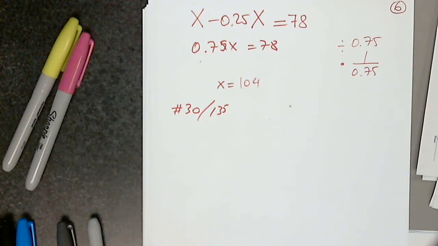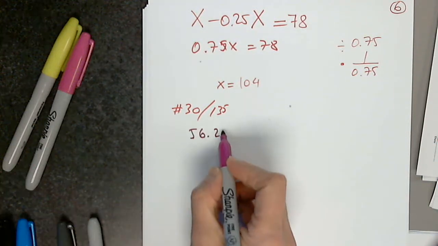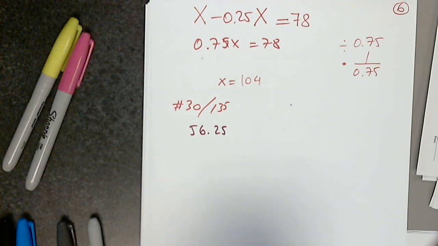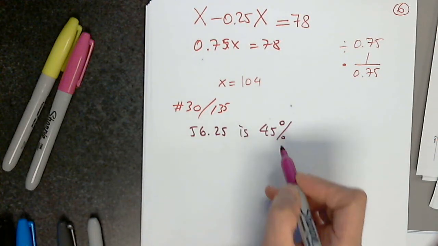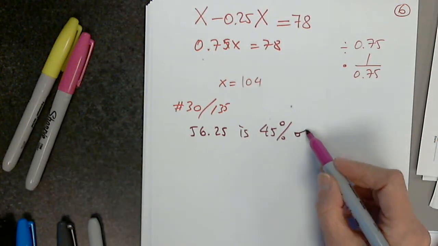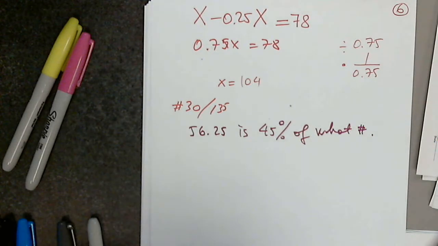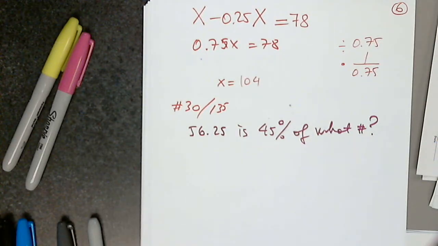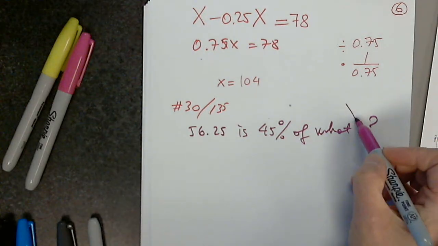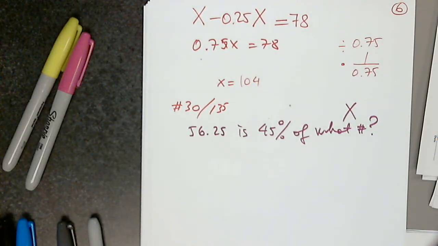It says the number 56.25 is 45% of what number? $56.25 is 45% of what number? So the number is unknown. It's x. Yes, we want to call the number x. That's fine.